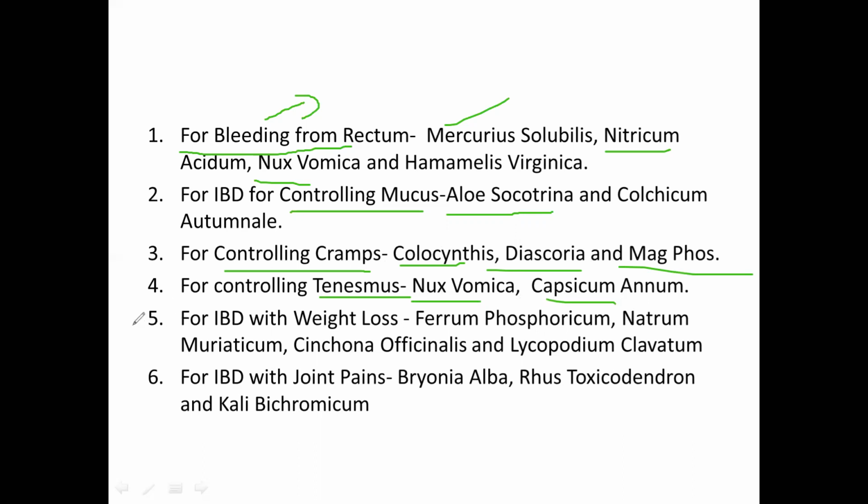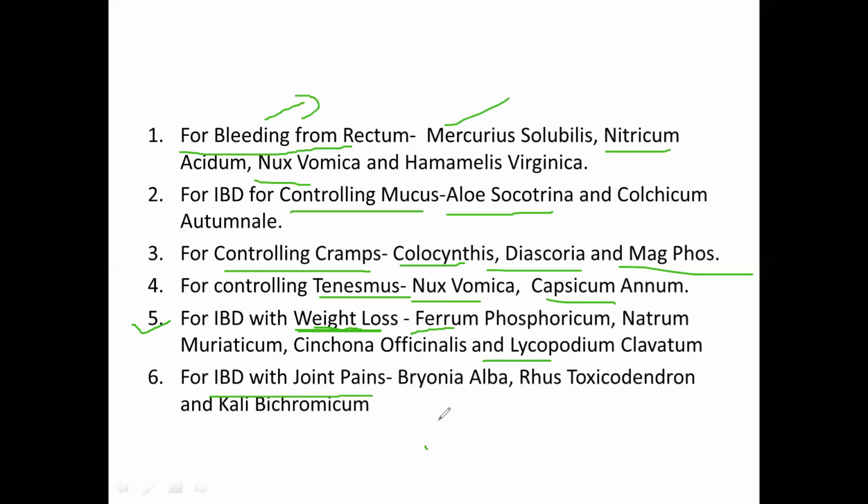And if the patient has weight loss, which we have already seen in inflammatory bowel disease, mostly in Crohn's disease, then ferrum phos, natrum mur, cinchona, and lycopodium are the drugs that can be thought of. And lastly, inflammatory bowel disease with joint pains.